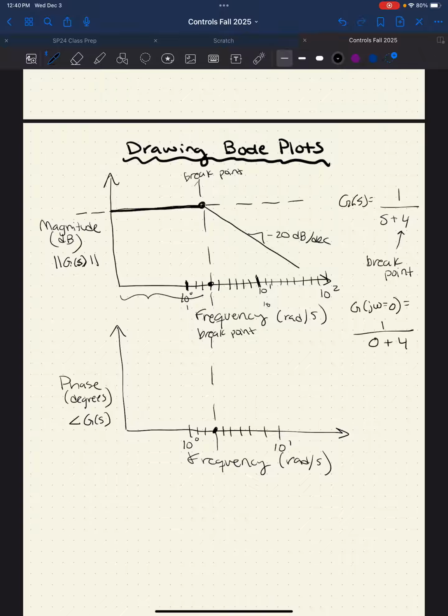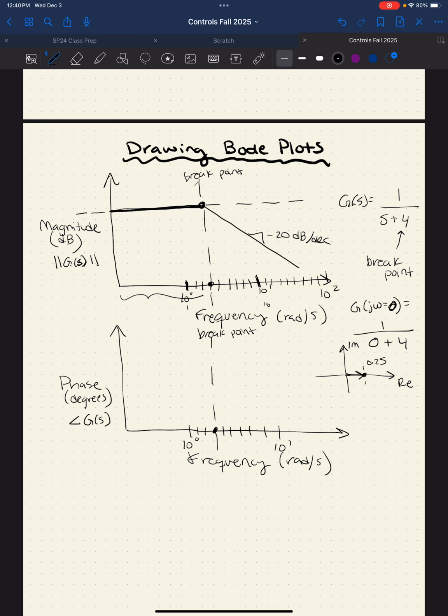What we've plugged in is a purely imaginary input of 0 frequency, and what we got out is a purely real value. If I were to plot this output on the real axis, I would have a value of 1/4 on the real axis.